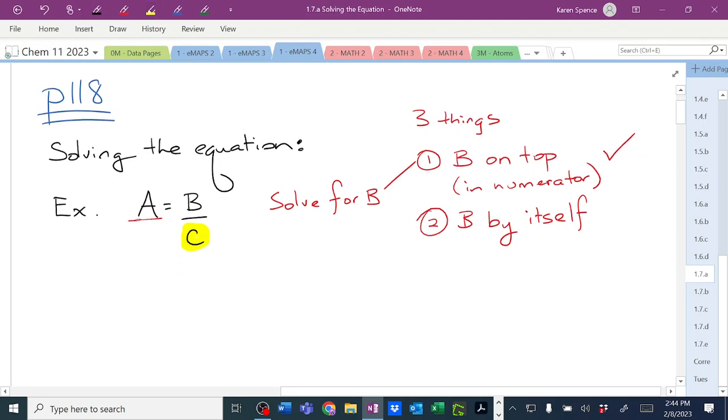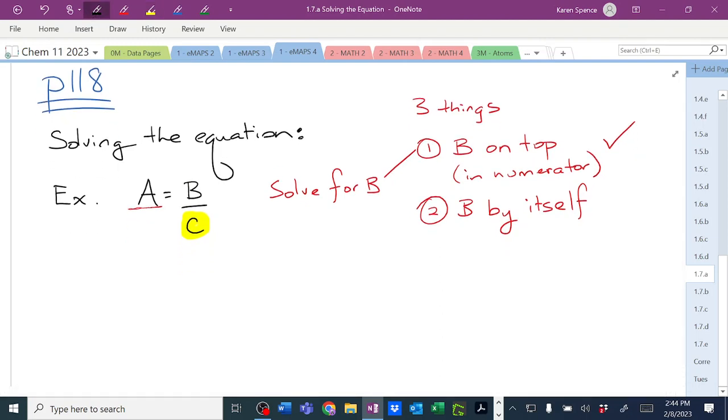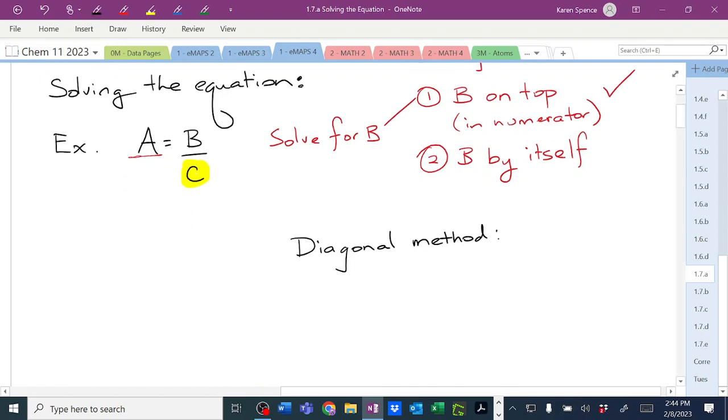And this is where we get to the method that I like, and it's the diagonal method. In the diagonal method, you can move variables across the equal sign, but they have to move diagonally.